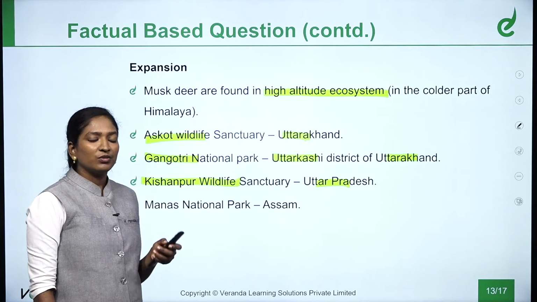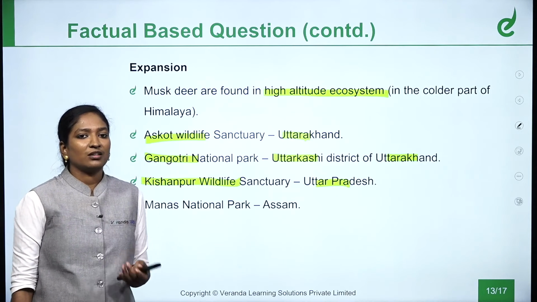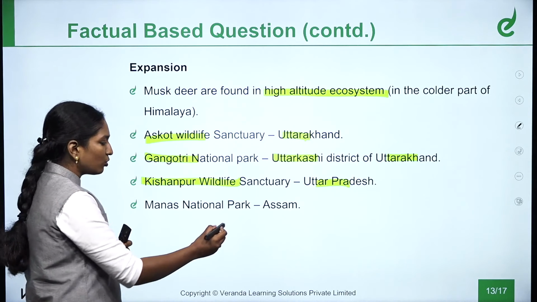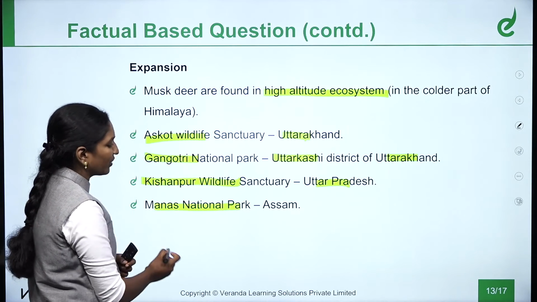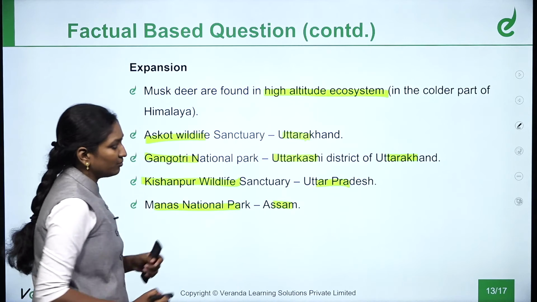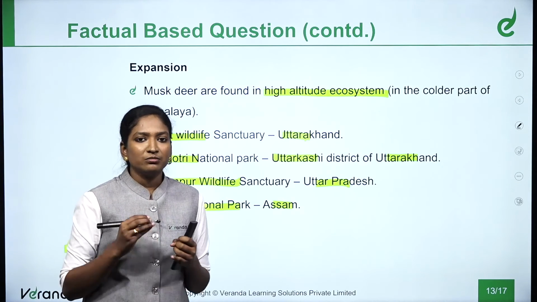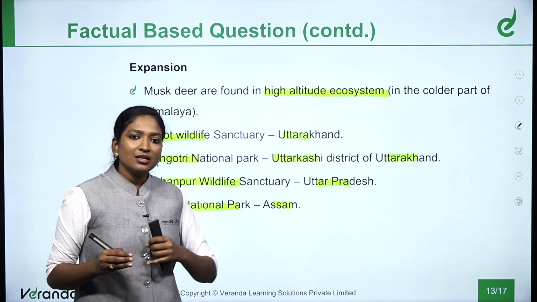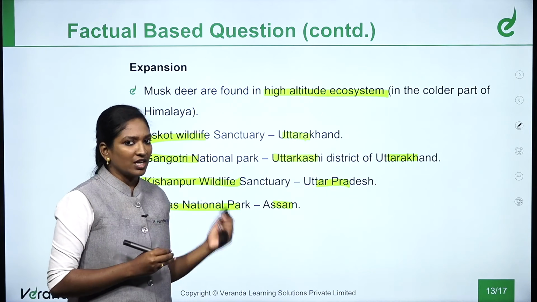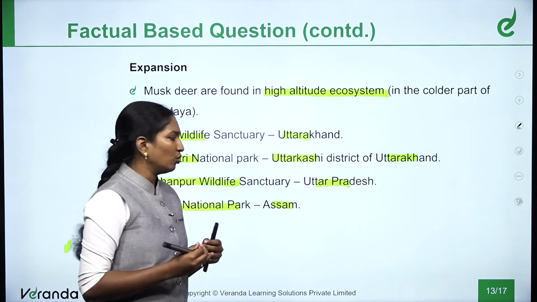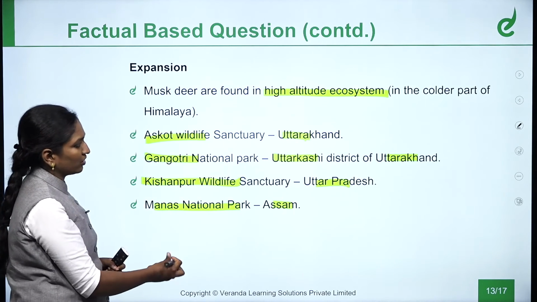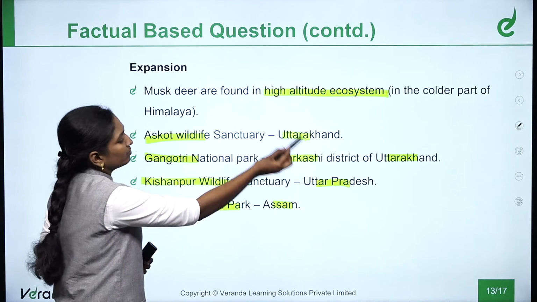We can also eliminate Manas National Park because it is located in Assam, not in Uttarakhand. So when you know where the musk deer is located, you can easily eliminate the other sanctuaries, or else you need to know where these sanctuaries are located so that you can work out where the musk deer is found.